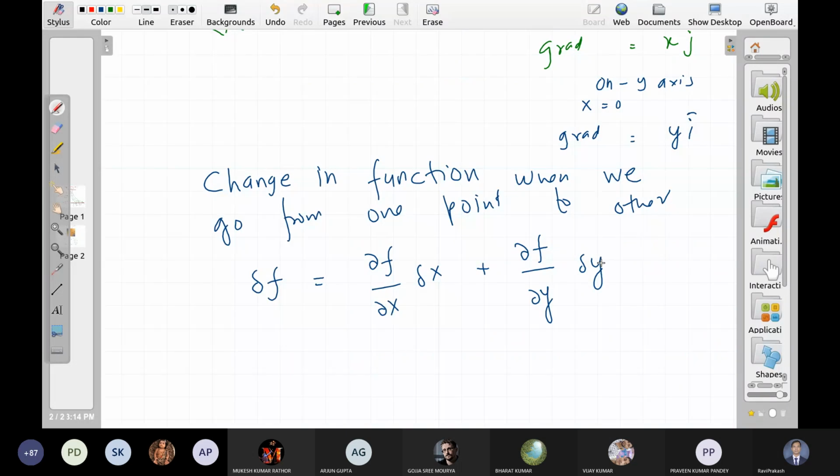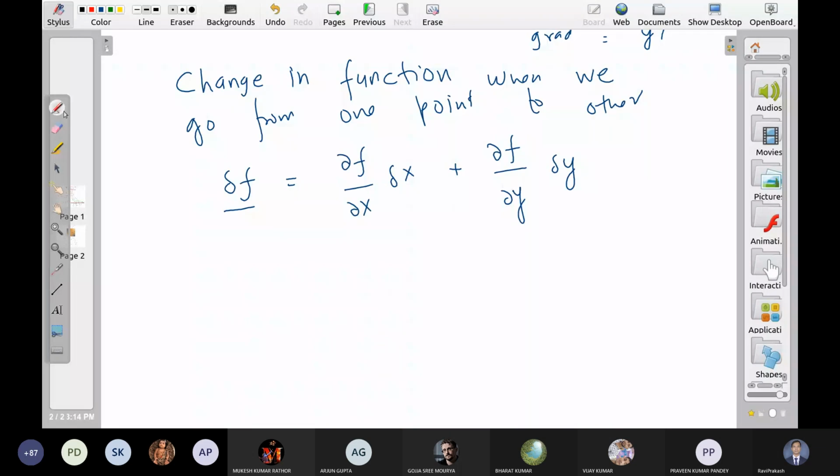It means if you go delta x along the horizontal direction and delta y along the vertical direction, then this much is the change in the function. I am going to write it like this.